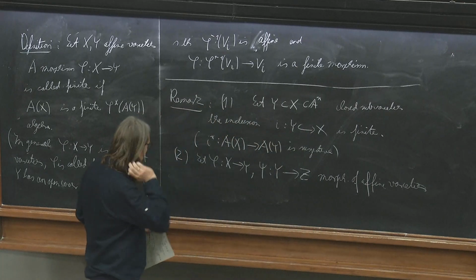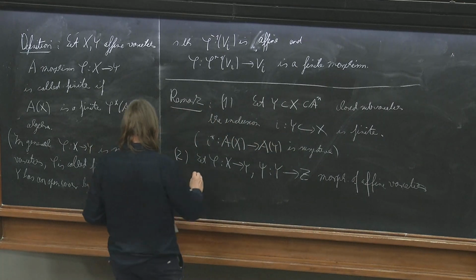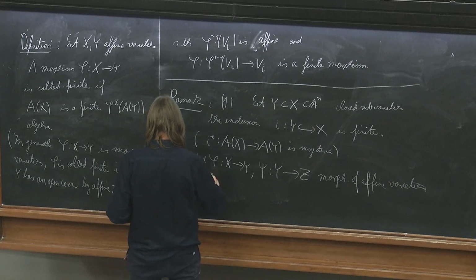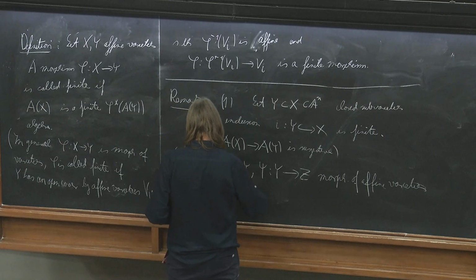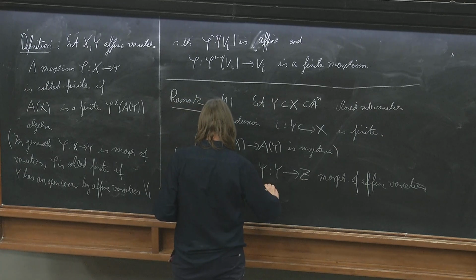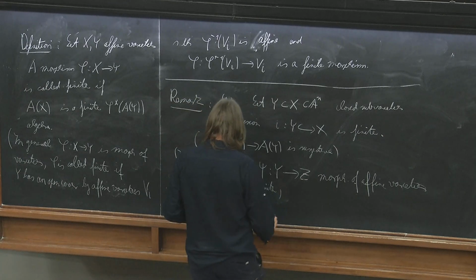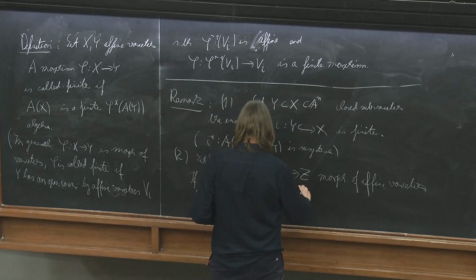So if they are both finite, then their composition C composed with phi is finite.